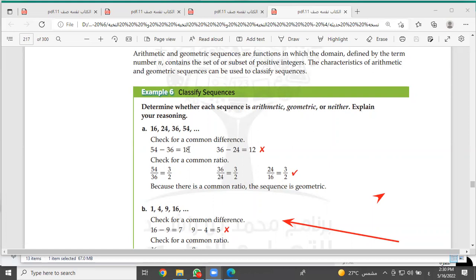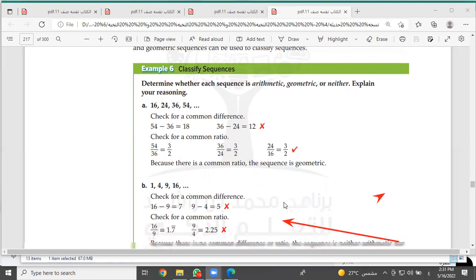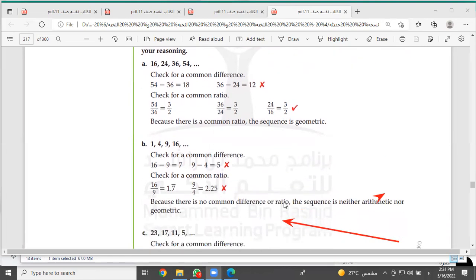So for this set of numbers, there is no common difference between them, so it is not an arithmetic sequence. But since we proved the common ratio between any two successive numbers is the same, it is a geometric sequence, right? Right.